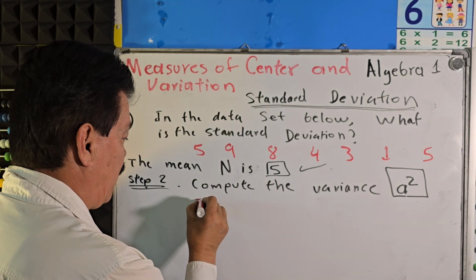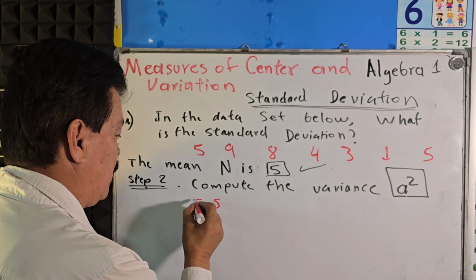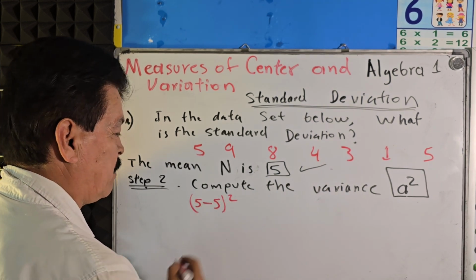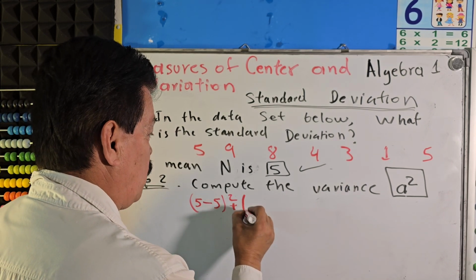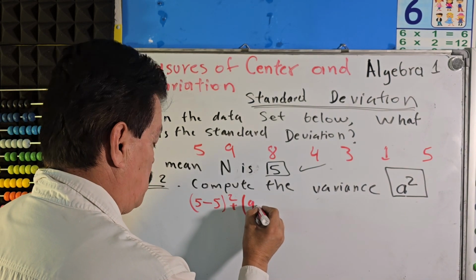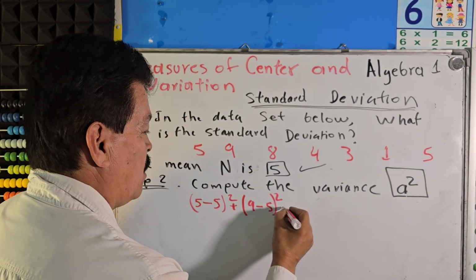So the first step: 5 minus the mean, squared. All right, plus the next one, 9 minus 5 squared, right?